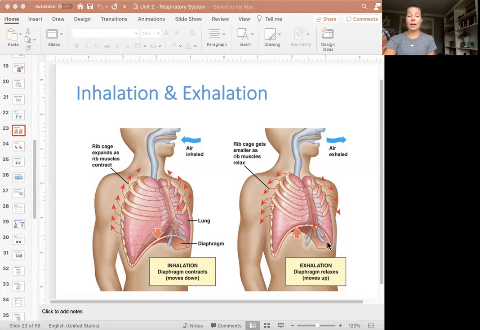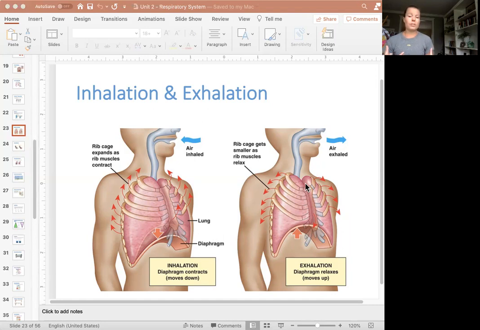That would be the diaphragm, pictured here, and the intercostal muscles that are in between the ribs. When these muscles relax, the diaphragm moves up. You can see the arrow indicating that the diaphragm moves up. When that moves up, it causes the thoracic cavity to decrease in size. And because the lungs are within the thoracic cavity, they decrease in size as well.